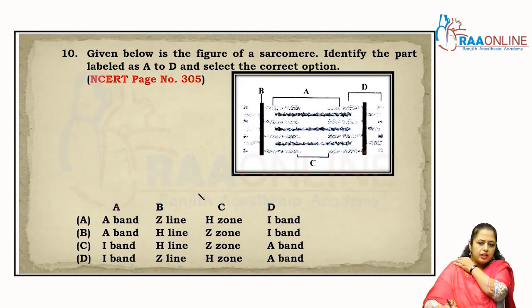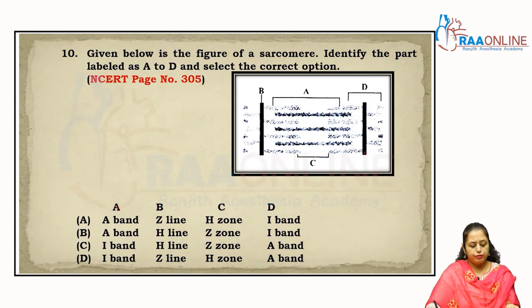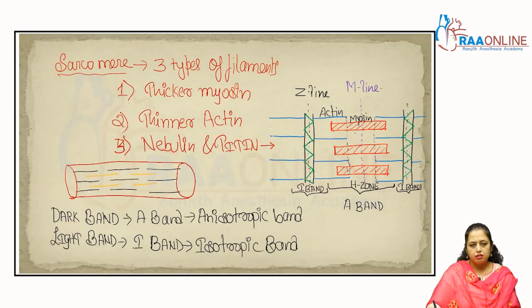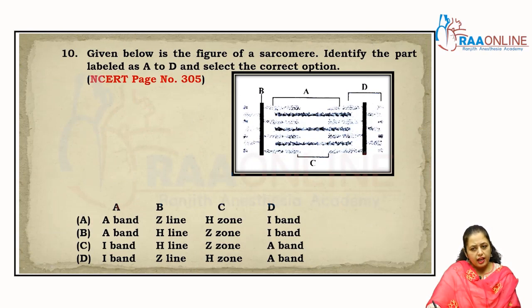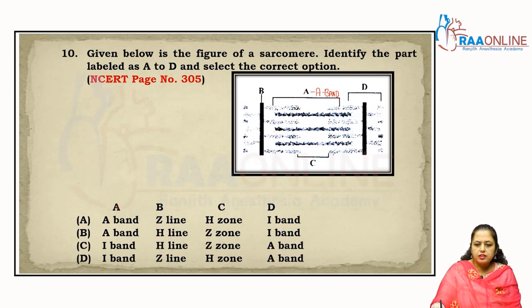Come to the next one. This is also the structure of sarcomere, the diagram of NCERT. You can see here that A shows where actin and myosin both are present, so this A is the A band. Next is B, which bisects the I band, that is the Z line.